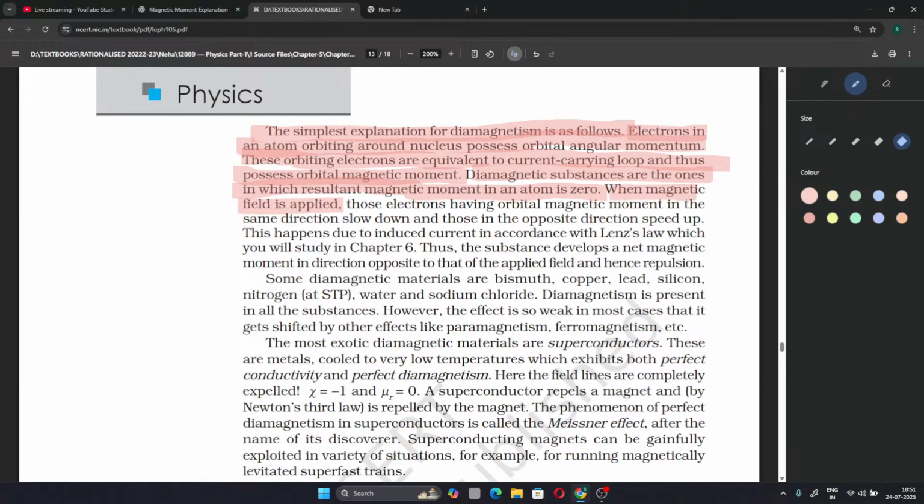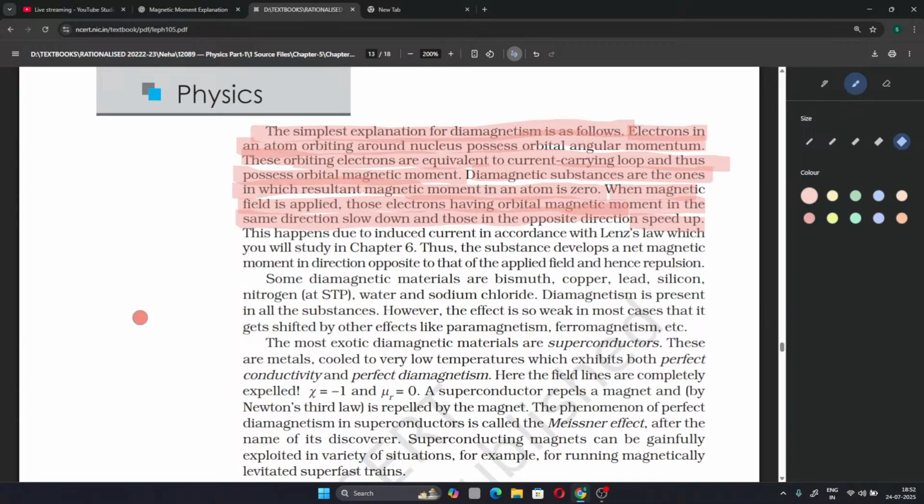When a magnetic field is applied, those electrons having orbital magnetic moment in the same direction slow down, and those in the opposite direction speed up. Basically, diamagnetic substances are the ones in which the resultant magnetic moment in an atom is zero, because the electrons get paired.